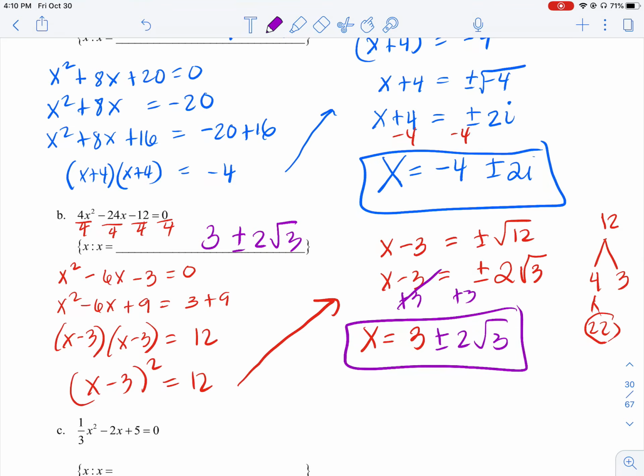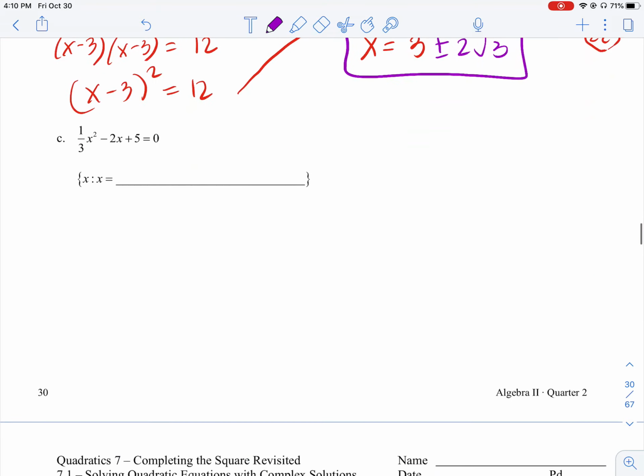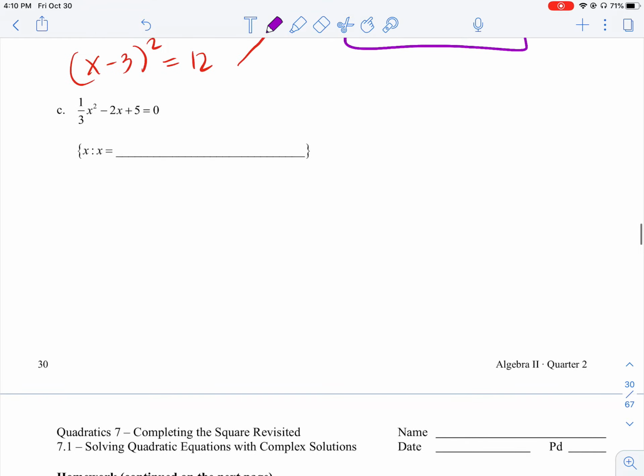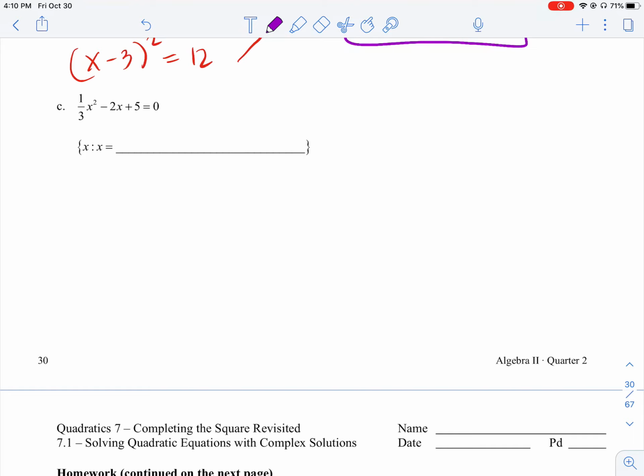Hopefully it's easy. Let's have our last example. Unfortunately, this example has a fraction in there. And usually you guys freak out about fractions. So we have 1/3 x squared minus 2x plus 5. Technically, we have to divide the whole thing by a value, right? So divide by 1/3. That is too much to think, right? Dividing by 1/3 is the same as multiplying by 3.